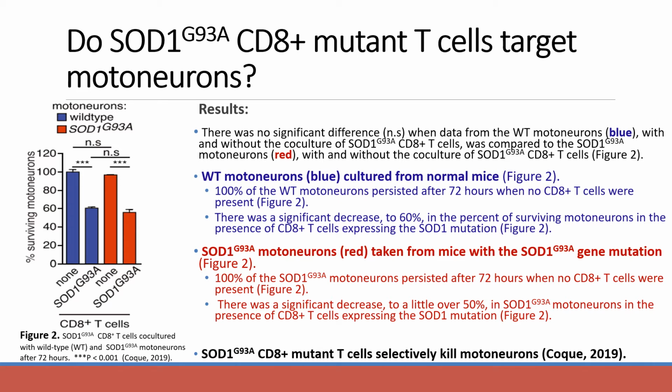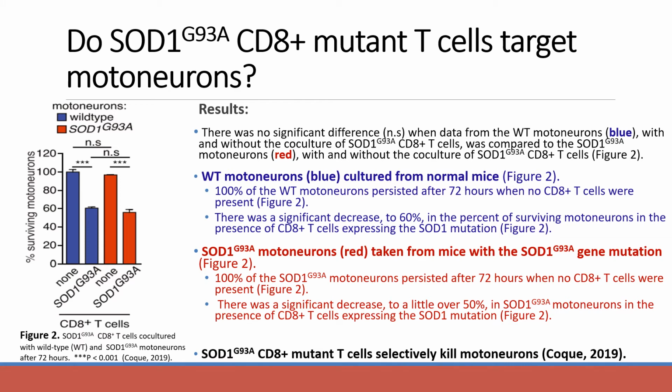The second blue bar, which is the lower one, shows a significant decrease to 60% of remaining surviving motor neurons in the presence of mutant CD8 T cells. So when mutant SOD1 CD8 T cells are present, after 72 hours, only 60% of those normal motor neurons were able to survive.